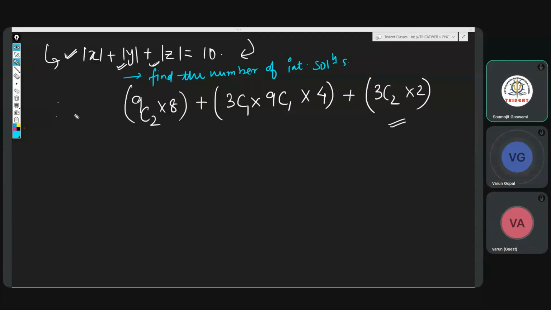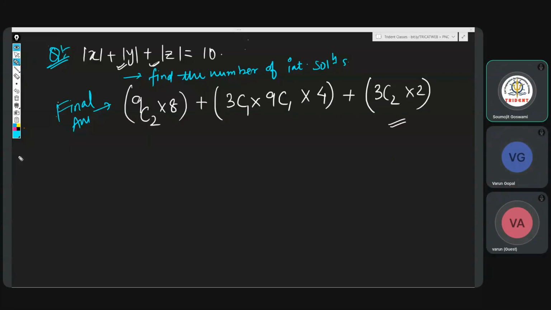And this is the final answer. Maybe take the screenshot of this one. Or maybe I'll just get rid of this one. Hold on. Take the screenshot of this one. Done? So, done? Yes, sir.